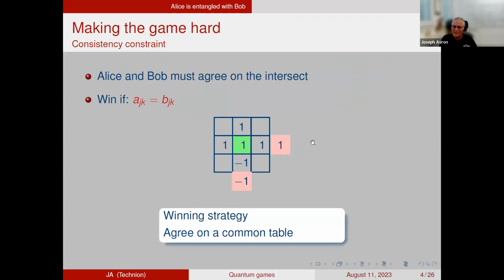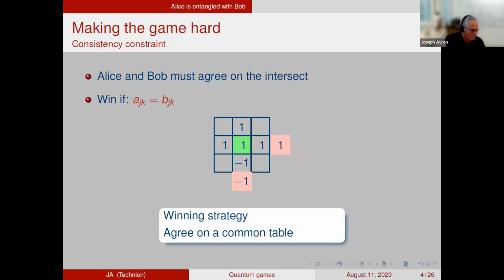And the constraint is that in this square, they must be consistent. So, for example, this is a winning case where Alice puts 1, 1, 1, and Bob puts 1, 1, and -1. But they only win if they agree on the intersect.